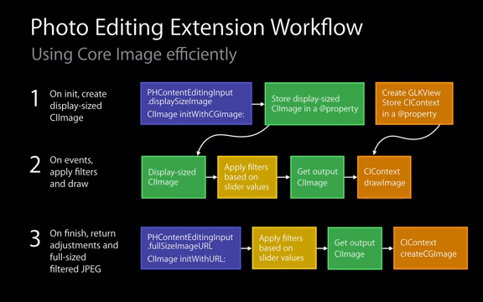Some parameters, however, such as radiuses, may need to be scaled in accordance with the fact that you're now working on a full-size image. Once you have chained together your filters, you ask for the output image, and the way this API works is you return a CG image. So you can do that very easily with Core Image. You ask a CI context to create a CG image. And this will work even on the full-size image.